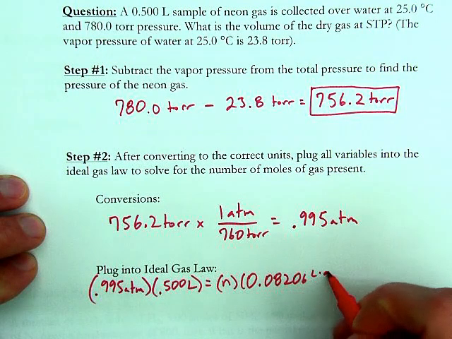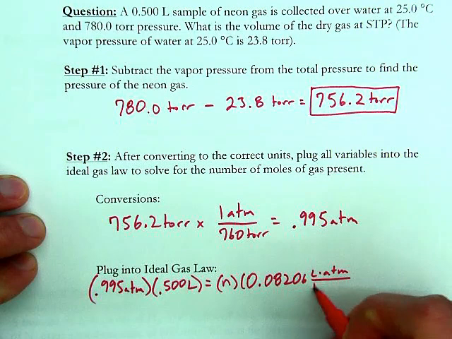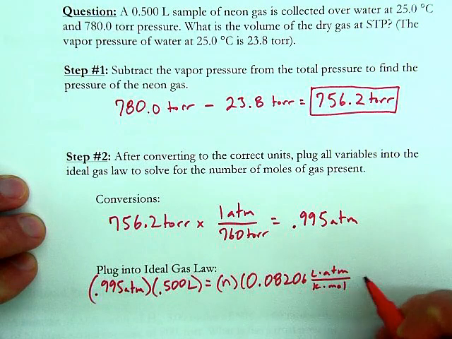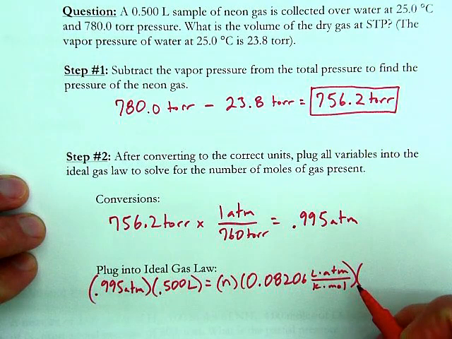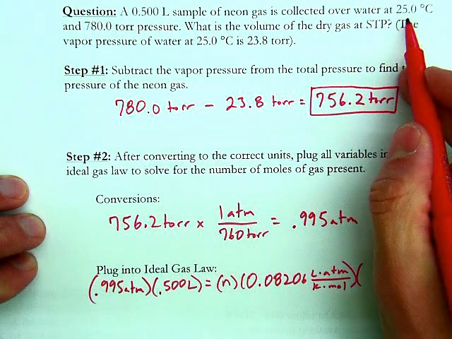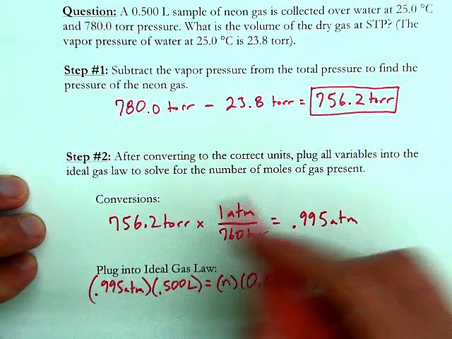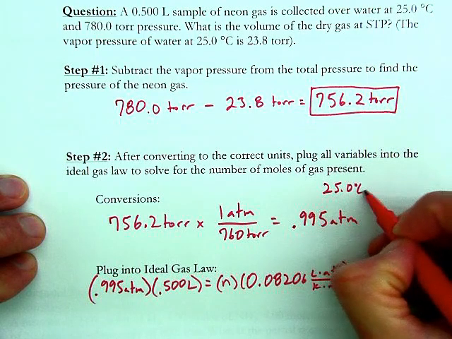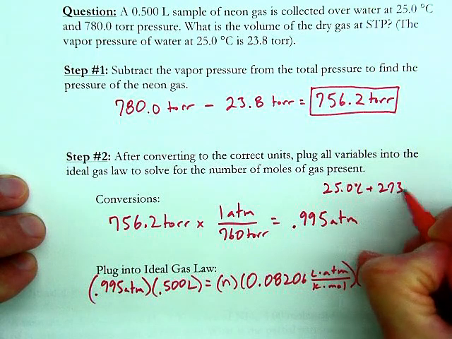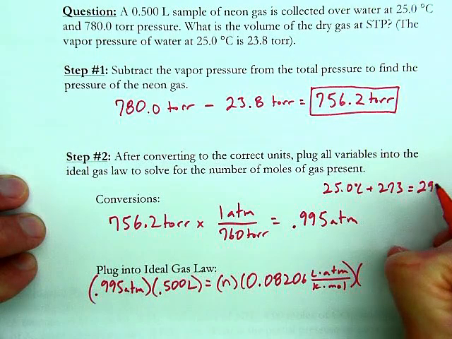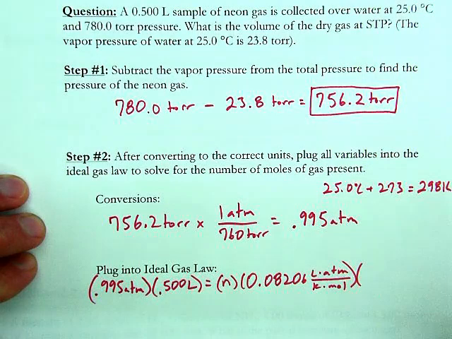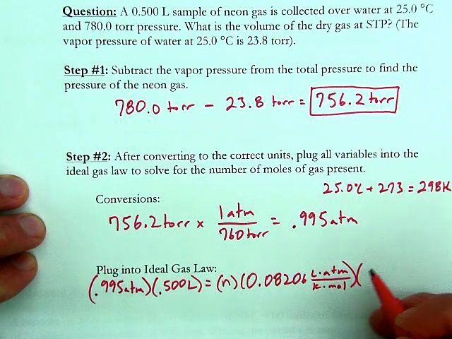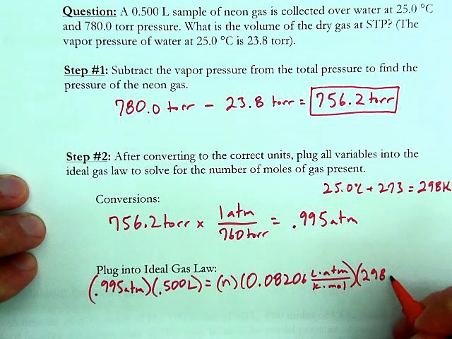This is liter atmospheres over Kelvin mole. And temperature needs to be in Kelvin. Now, our temperature is at 25 degrees Celsius, so that's another conversion. So up here, I'll say 25.0 degrees Celsius plus 273 is 298 Kelvin. So 298 Kelvin goes here.